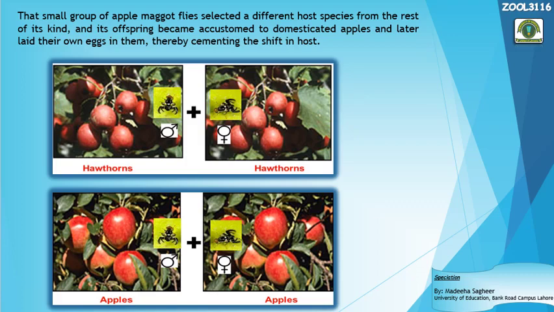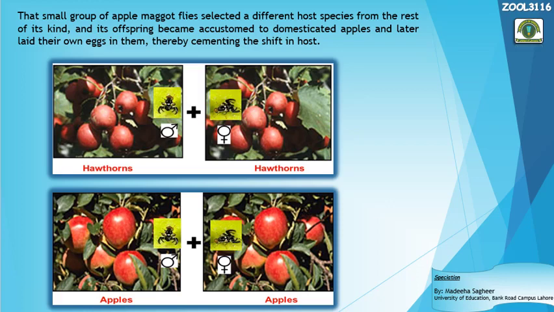But what happened is they are just dealing with the environment, or there is a difference in ecological behavior, you could say, right? So once that small group of maggot flies has chosen a different host for their eggs and for bringing up their young ones, the offspring that have been brought up on the apples will later lay their eggs on the same apple plant.